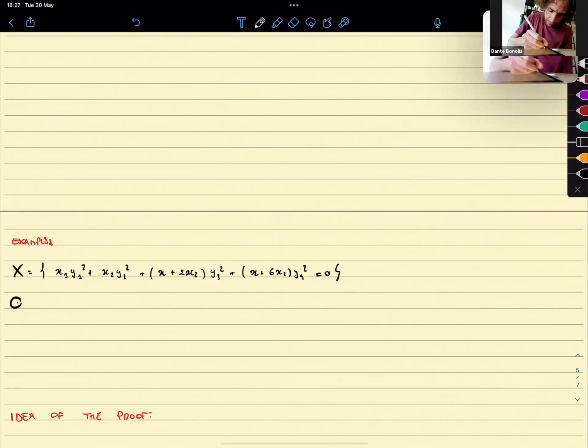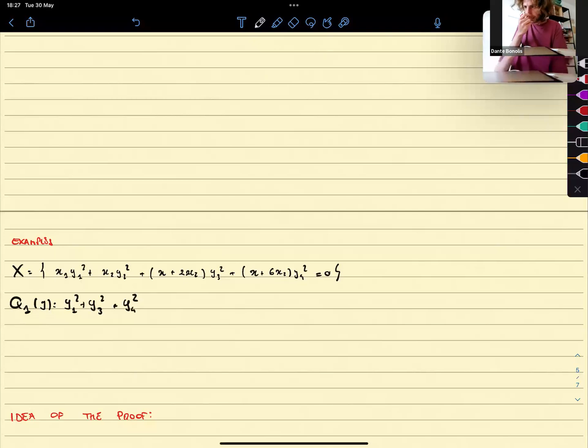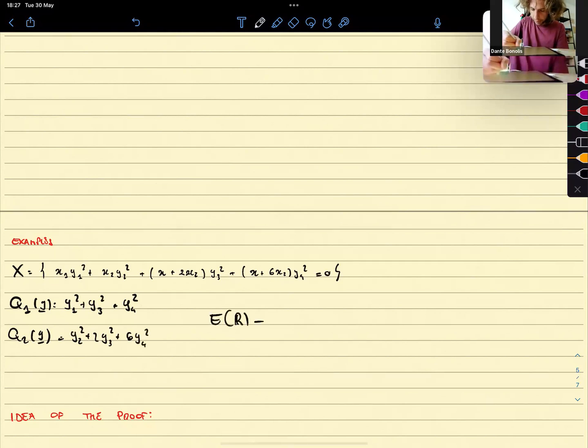Let me write Q1(y) equal to y1 squared plus y3 squared plus y4 squared. And Q2(y) equal to y2 squared plus 2y3 squared plus 6y4 squared. It's easy to see that E(R) is empty because if you require Q1(y) to be 0, it follows that y1, y3, y4 have to be equal to 0, and then this forces also y2 to be equal to 0, just using the second equation.